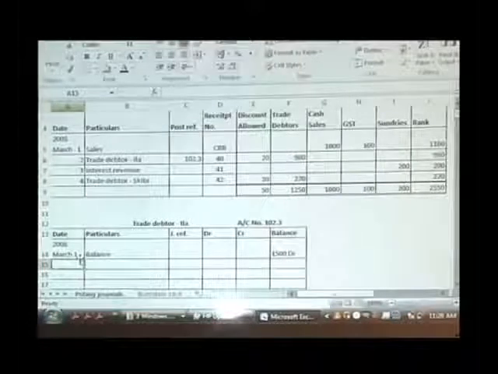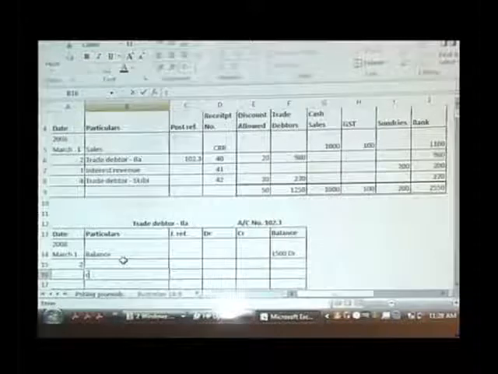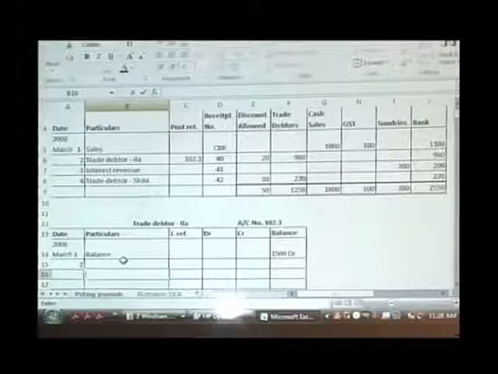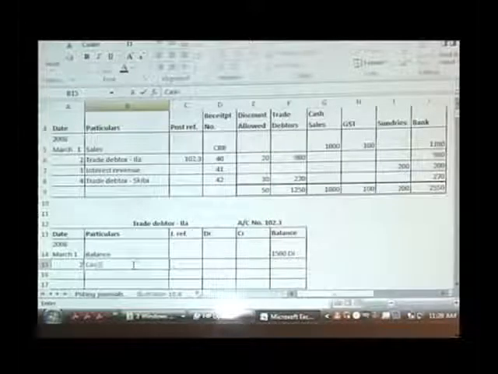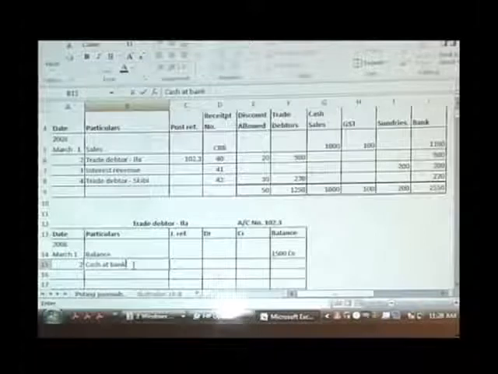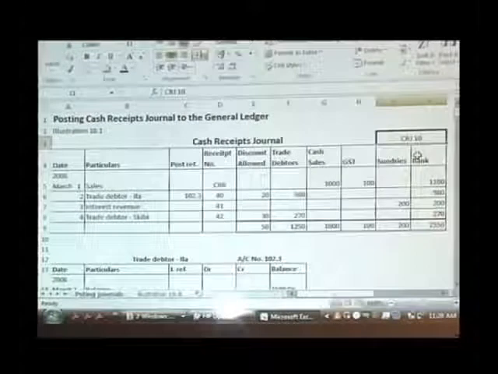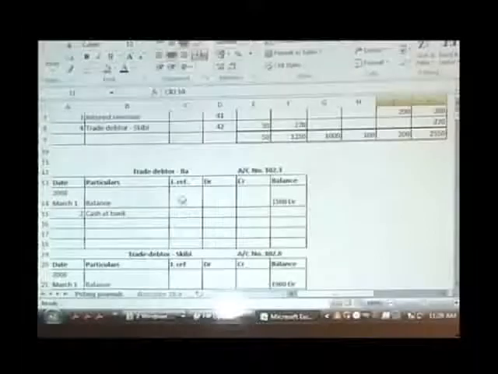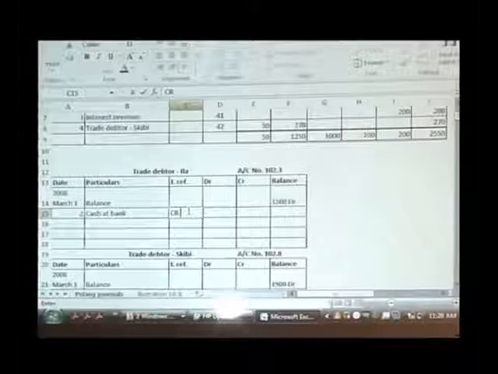ILA's account on 2nd March, it is from the cash receipts journal, but we record here cash at bank, and the journal reference is here. This is the cash receipts journal, page number 1. Enter that reference, cash receipts journal, page number 1.